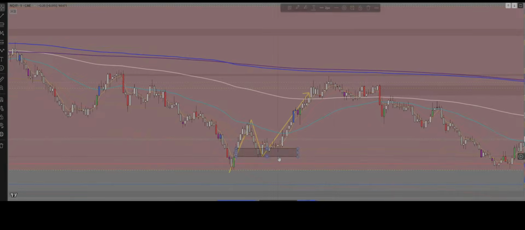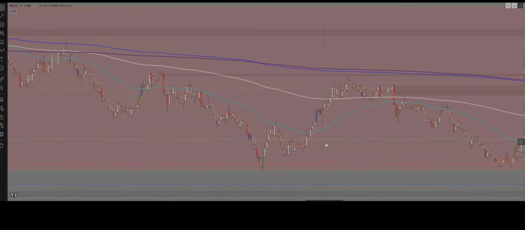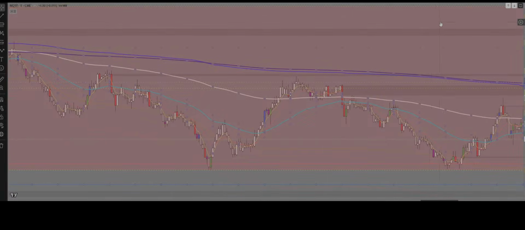Yeah, that's what I figured. So it's very similar. But I mean, you don't really need a line on your chart to show you that it's going to retrace. But I figured that would be about it.